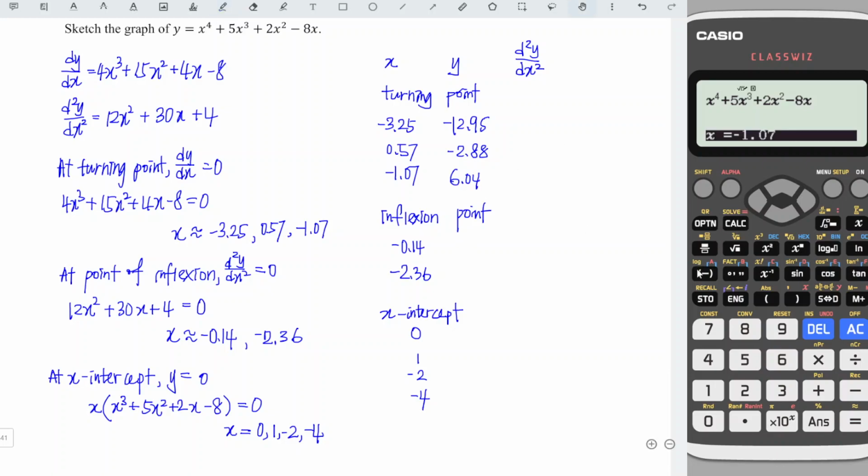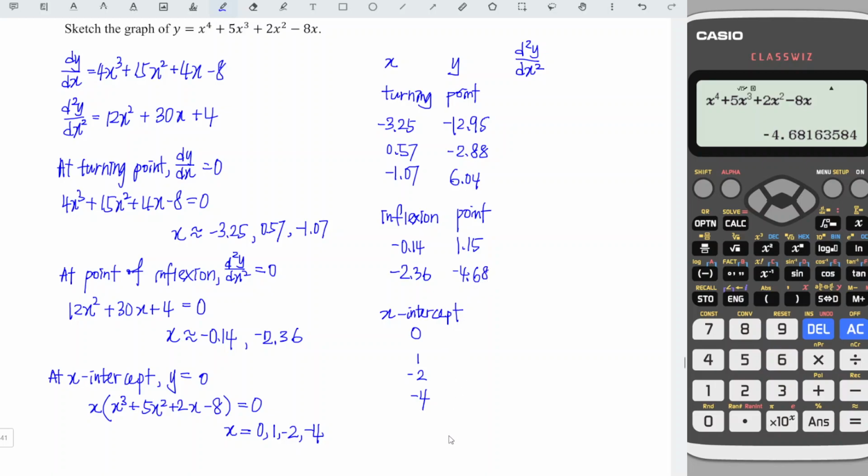We need negative 0.14, which is 1.15. Next, calculate negative 2.36. We have negative 4.68.